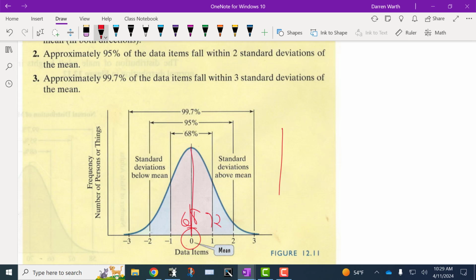So we're looking at this piece right here. I need to know how much that piece is. Well, both sides have a total of 68%. I just want this little piece, the one above. I'm just going to take 68, divide by 2, and that's going to come out to be 34%.